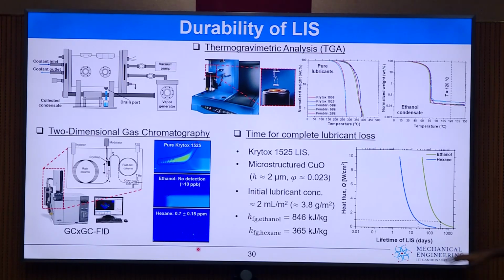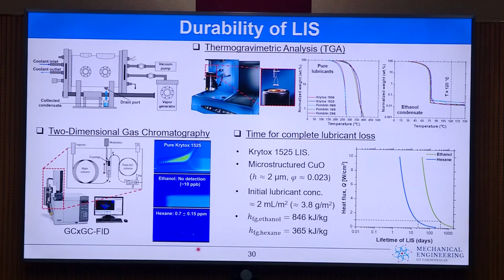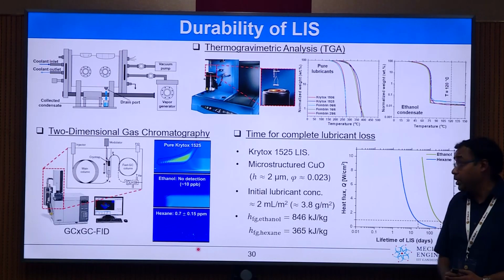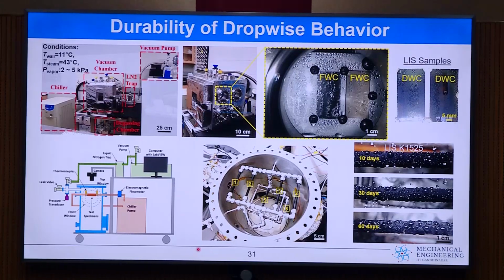We are looking at in general 1 watt per centimeter square in the case of ethanol or hexane condensation, and that would end up having, at least for ethanol, a considerable lifetime, which would be beneficial in terms of enhancing heat transfer. This was also done in collaboration with British Petroleum, and they are currently testing these surfaces in their pilot plants, and hopefully these are robust enough to be implemented on an industrial scale.